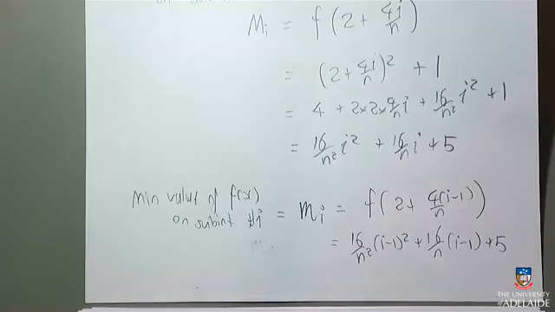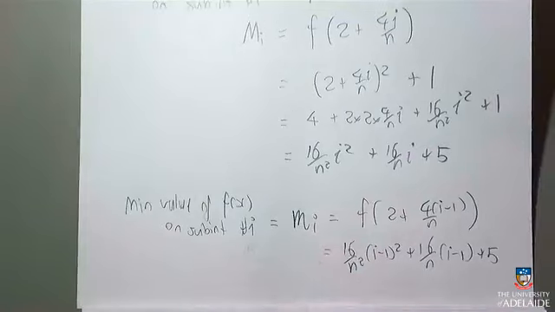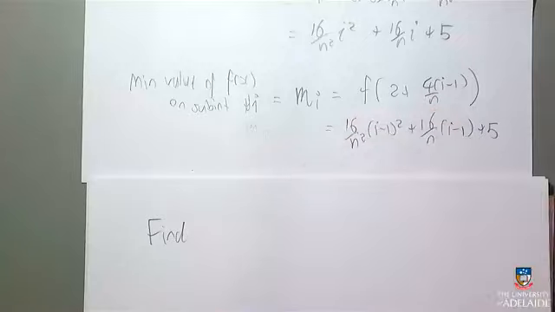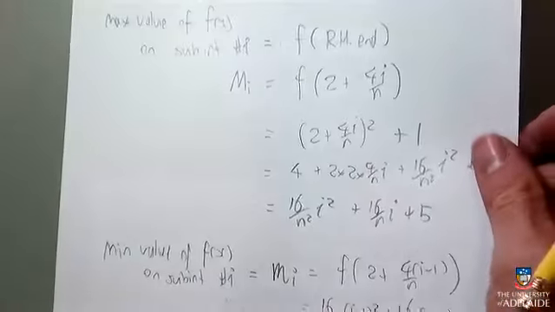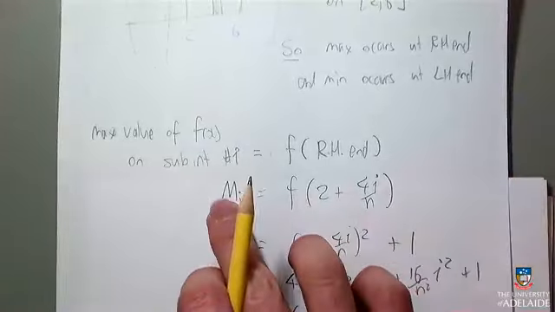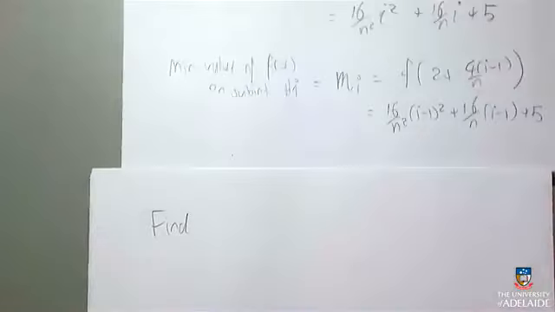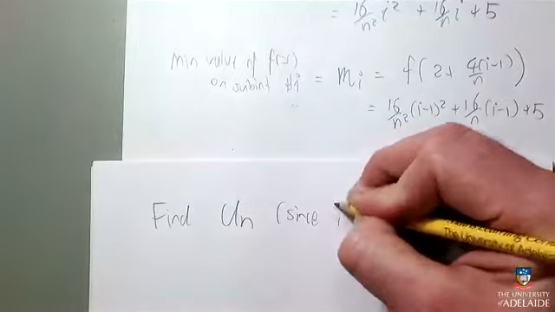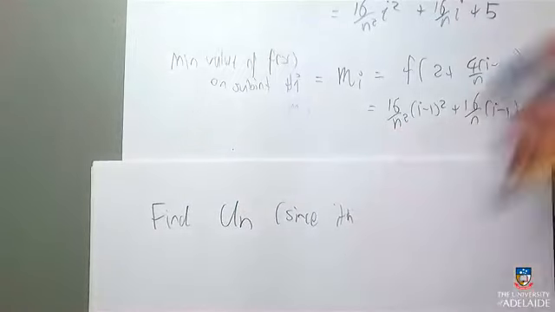And then the next step is to find whichever of those has the i in it, as opposed to the i minus 1. So I don't know which one it is, but calculate whichever of those is from the right-hand end. So in our case, we're going to find the one with the maximum in it. Find the upper sum, since it has the i.